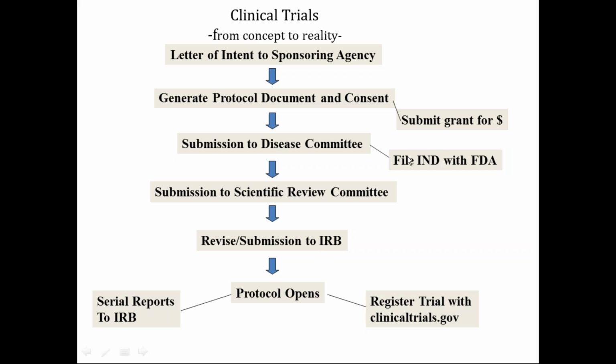Along the way, you may need to generate an IND, an investigational new drug, if you're using a new drug. If this is a drug that's approved by the FDA for something else, then you can ask for an exemption. That's pretty easy to do. The CCTS actually helps you get an IND if you need one. So Penny Jester and the CRISP group have the resources to help you do that.